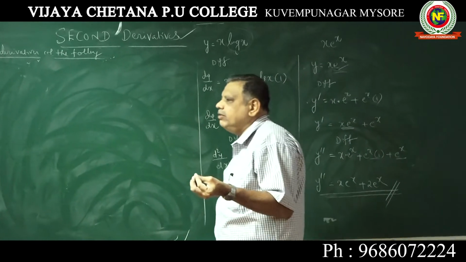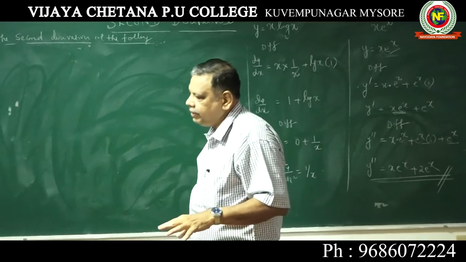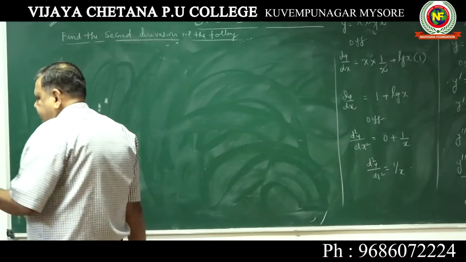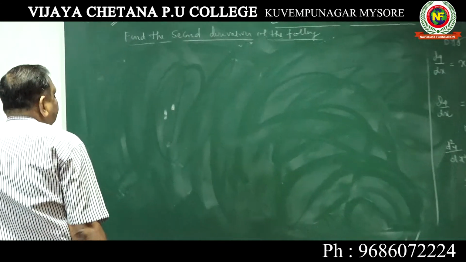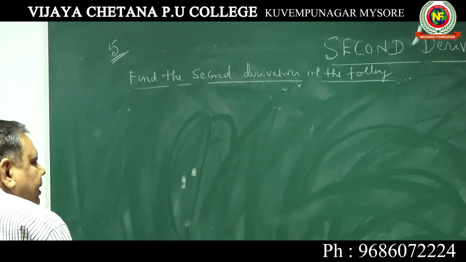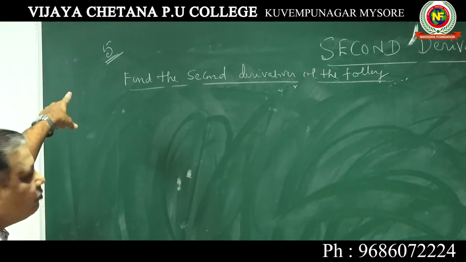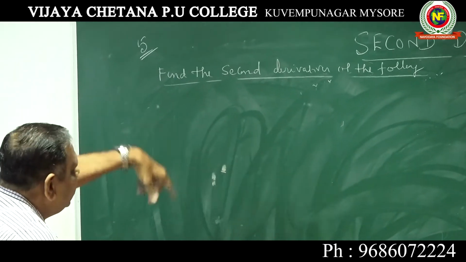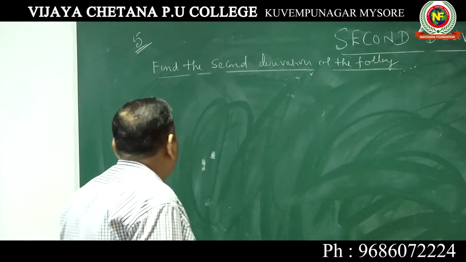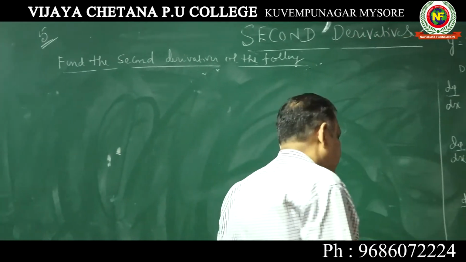Every year one of the problems will be picked and given in the examination. So if you are thorough with these 6-7 problems of second derivatives, you are assured of getting 5 marks. This we are going to take up in my next class. Apart from that, these are all 1 or 2 mark questions.